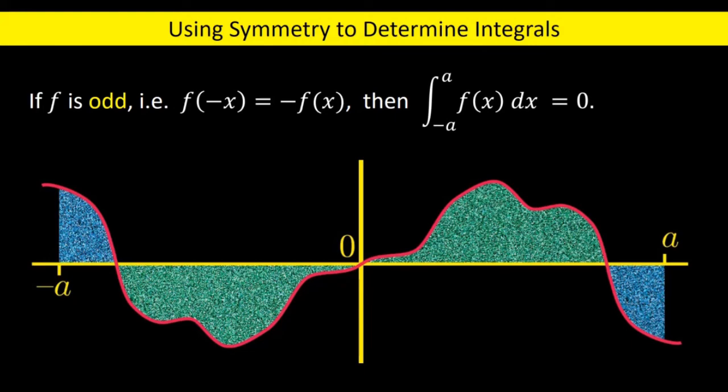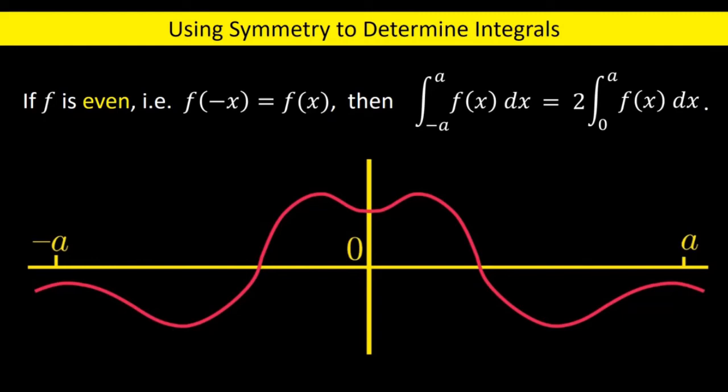So the net area is 0. Although the function isn't simply 0, on average it comes out to be 0. And if the average value of the function is 0 over the interval, then the integral is 0. Of course, this only works for intervals centered at the origin, which is to say intervals from minus a to plus a.